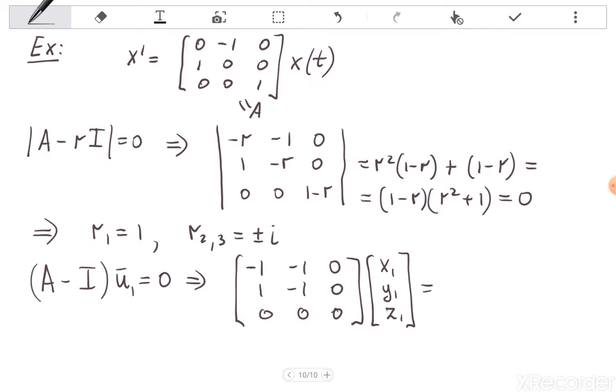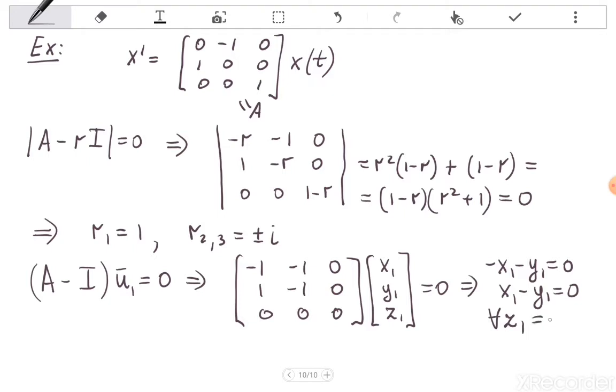So this must be 0. So this gives us the system: minus x1 minus y1 is 0, x1 minus y1 is 0, and the third line gives us nothing, so 0 is 0.